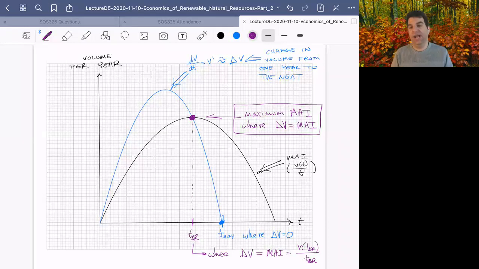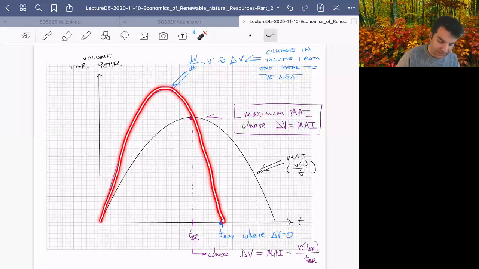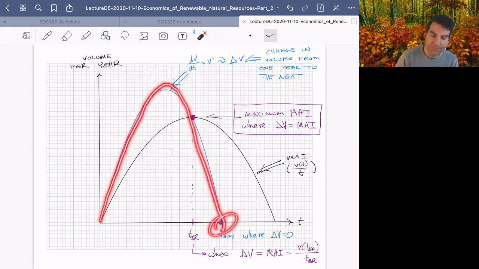So I'm drawing this graph because as we move from rotation to rotation to rotation, there's going to be a common theme here, where effectively what we're doing is moving the threshold on this delta V curve. If we focus just on a single rotation, then we wait for the delta V to fall all the way to 0.